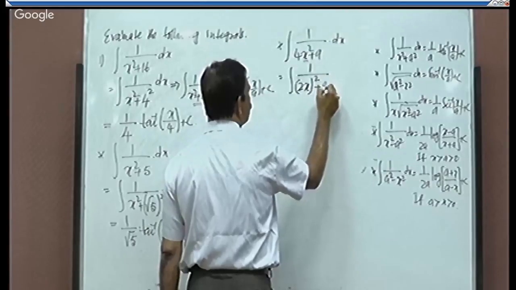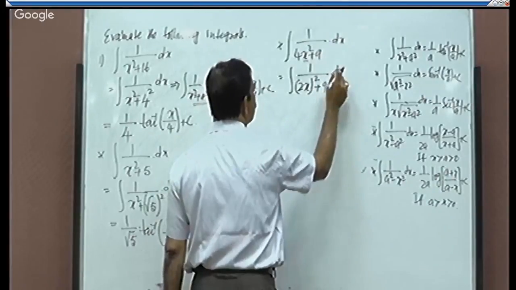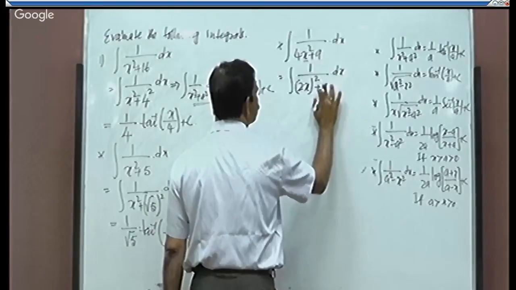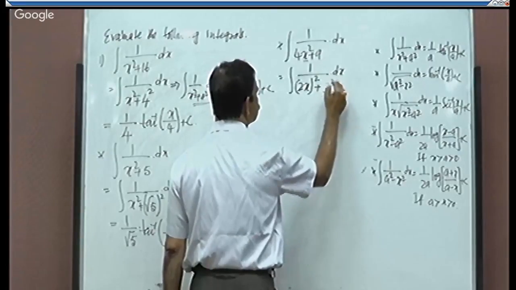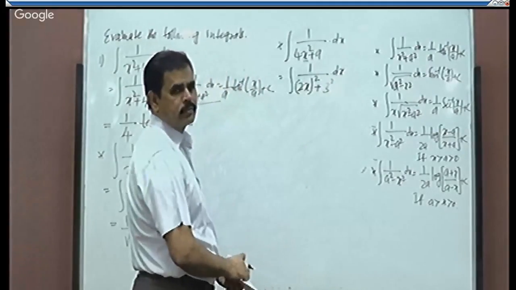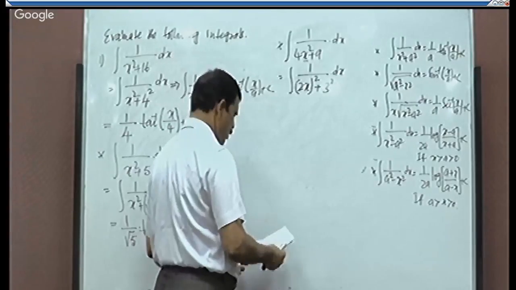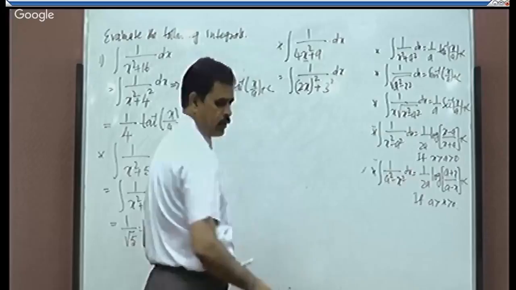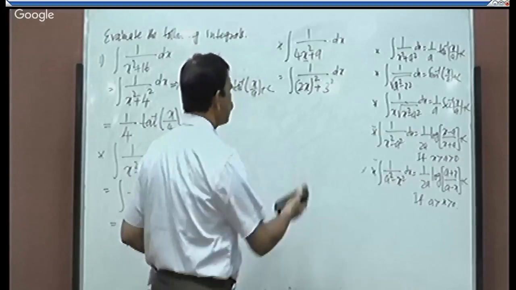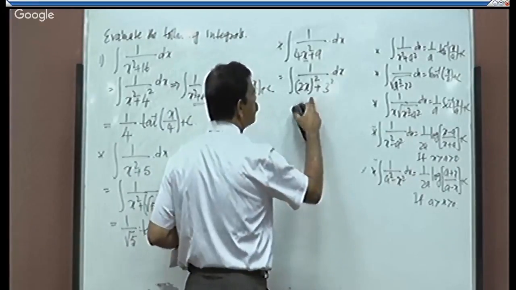Plus 9 into dx. 9 can be taken as what? In terms of 3 square. Or you can take 4 outside at the denominator. You can do like that also.